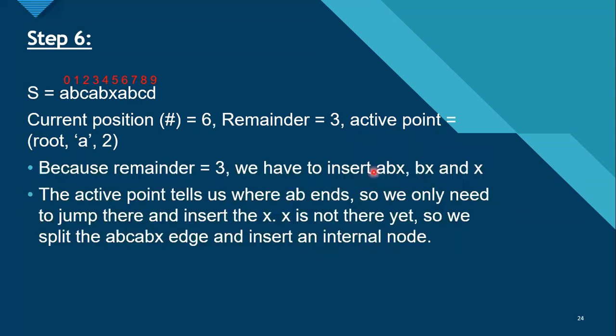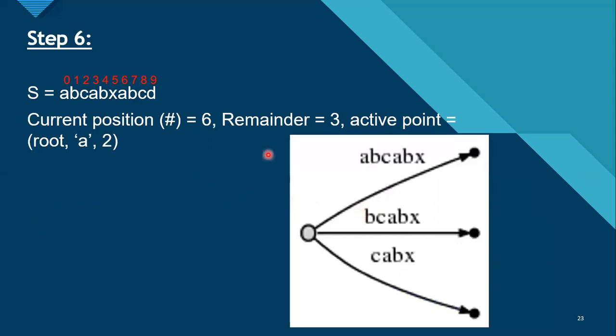So now we go to the active point: the outgoing edge from the root node, the edge starting with the character B, specifically after the second character, position 2. So we search for X. Okay, X is not there. Great, so we need to insert X at this point.